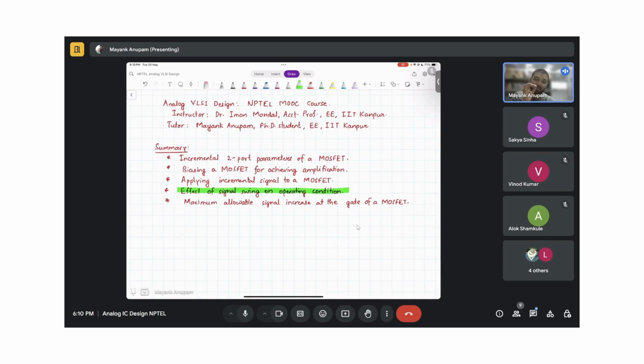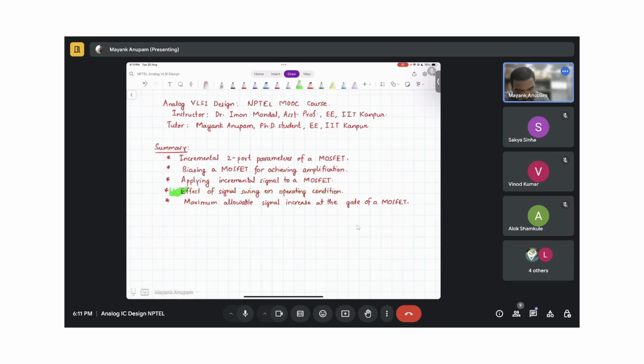If we apply a small input signal, our assumption is that the device does not move a lot away from the biasing point. But that assumption is not valid when our signal swing is large, so our operating condition assumptions can break.